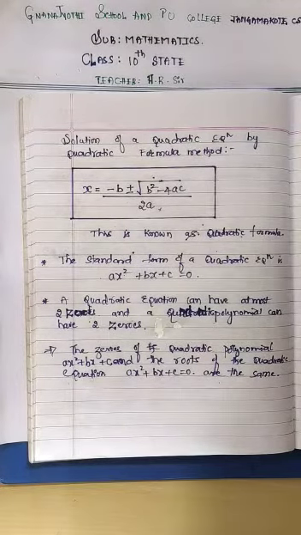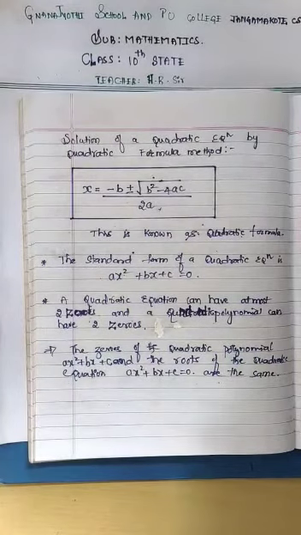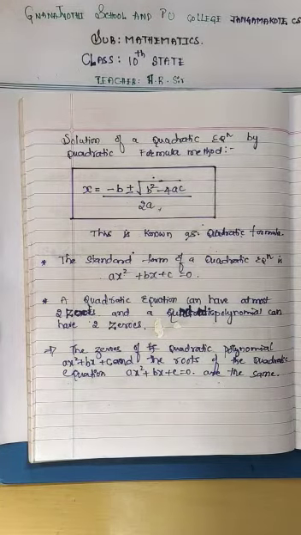In the previous class, we discussed quadratic equations, right? A quadratic equation is of the form ax² + bx + c = 0, where a is not equal to 0, for all a, b, c belonging to real numbers.